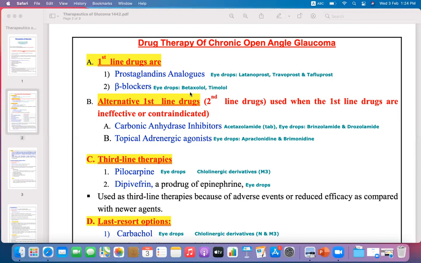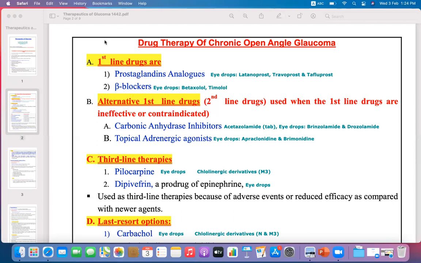The examples are betaxolol and timolol. As you know, the suffix for beta blockers is olol. So betaxolol and timolol are the beta blockers in the first line.